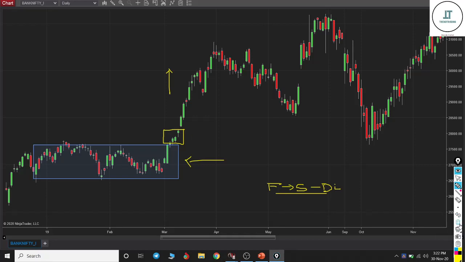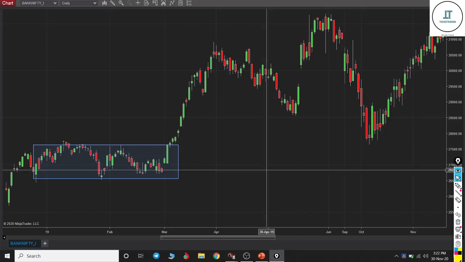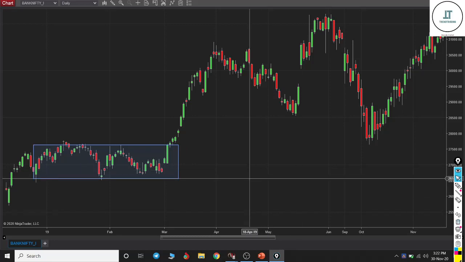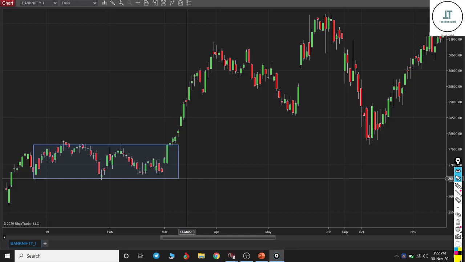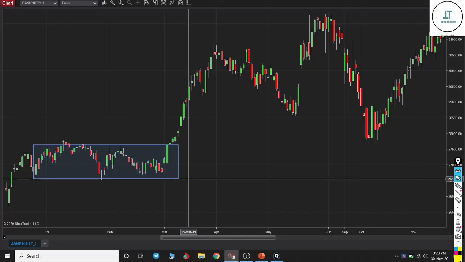Very simple calculation: just calculate the price range of this balanced, or I can say accumulation, phase. As this is a Bank Nifty chart, it's around 26,500 to 27,650. Let me note it down for your easy understanding.